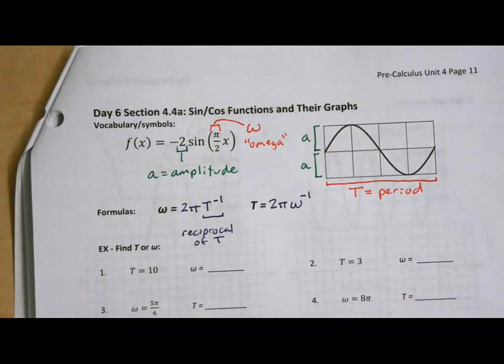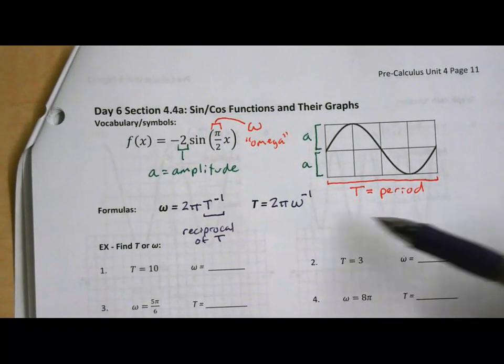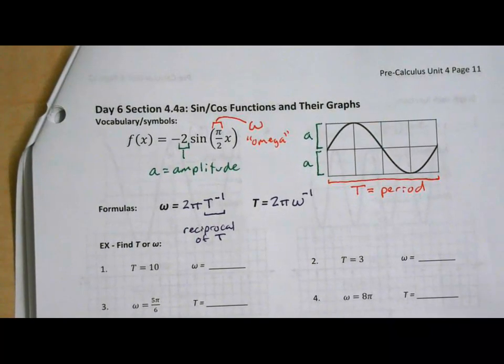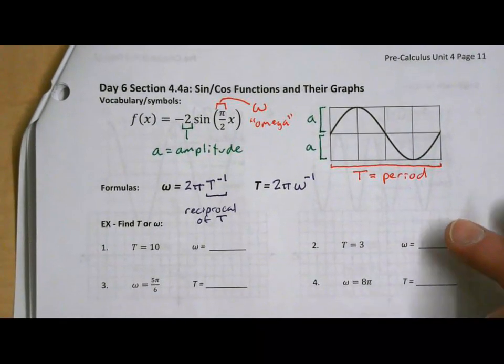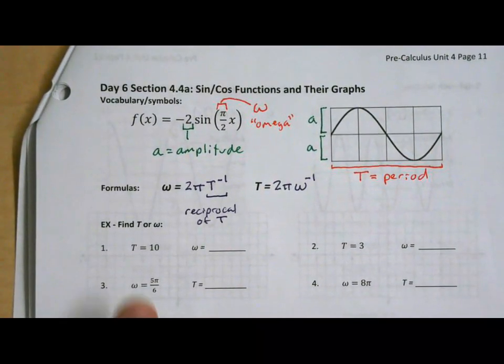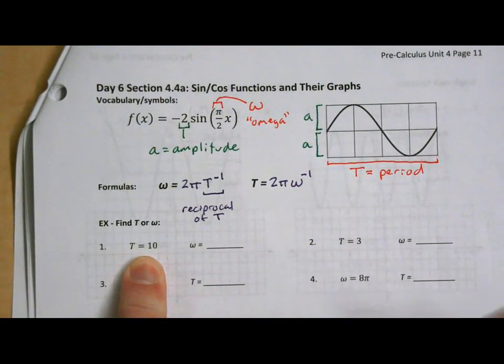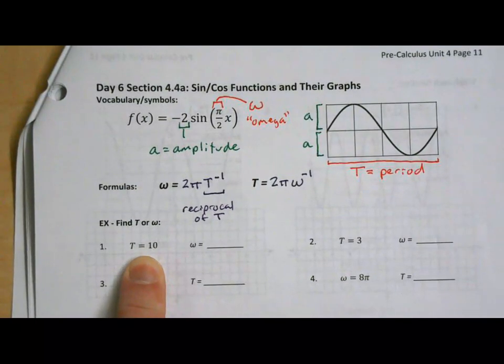We're just going to practice. None of this is in context right now, so we're just practicing the nuts and bolts of, if I know one of these things, let's find the other one. So here we go. I'm told that the period is 10. I want to find omega. The situation would be I'm trying to write an equation for a trig graph. So what am I going to do?